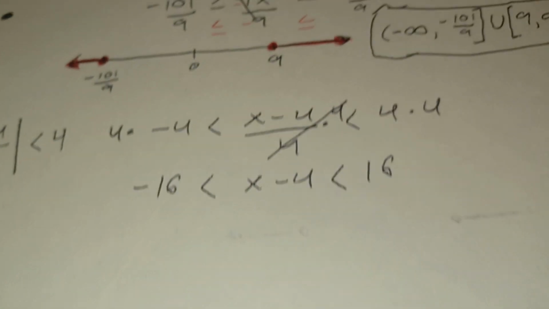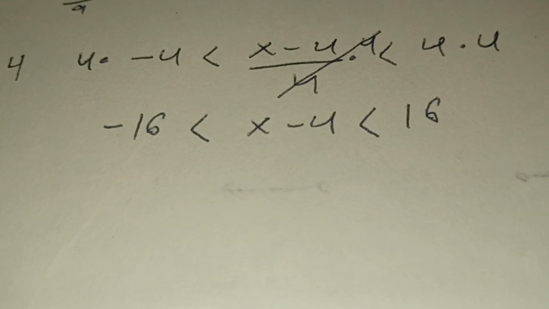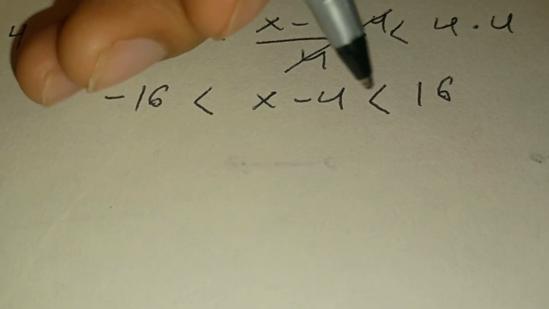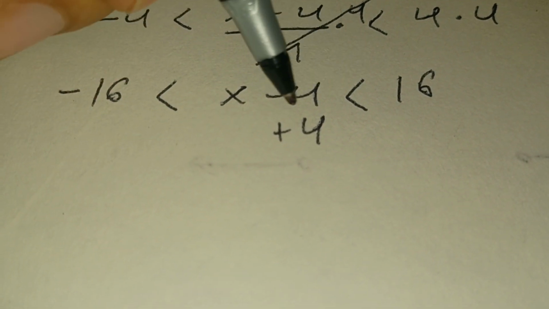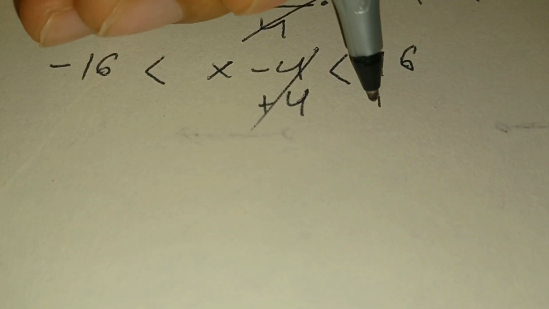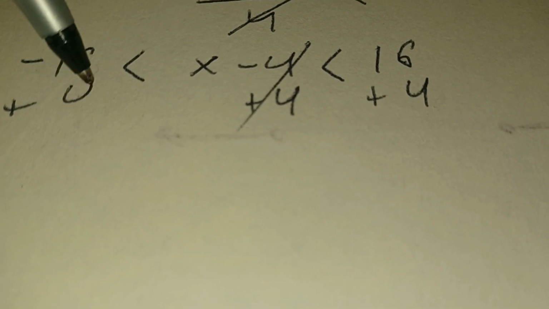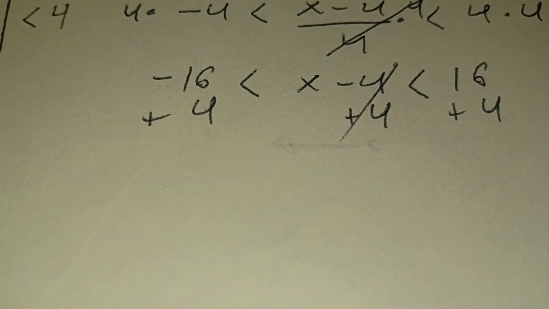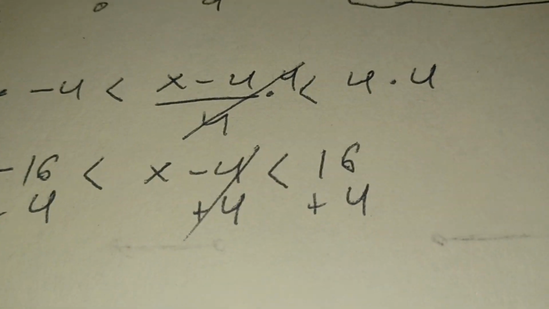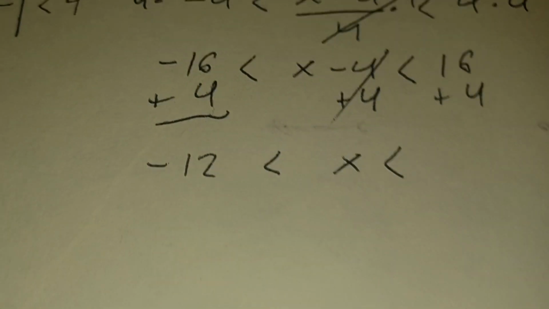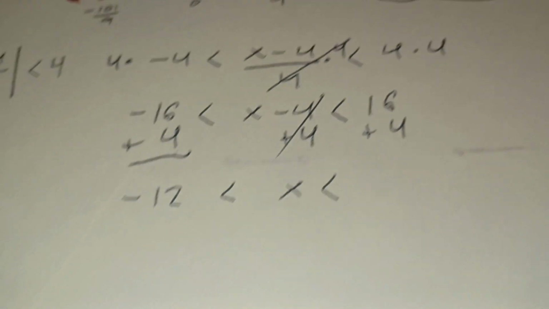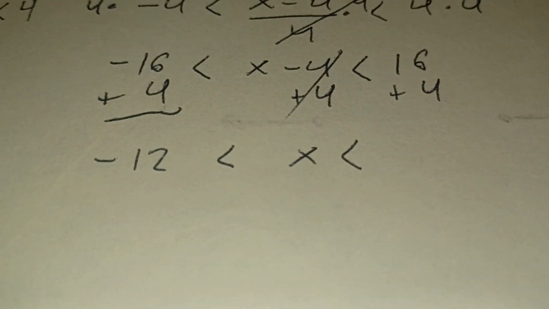Now we add 4 because we want to leave x by itself, and a negative and a positive always cancel out. So that cancels out. Plus 4, plus 4. Negative 16 plus 4 is negative 12, x, and positive 16 plus 4 is 20.